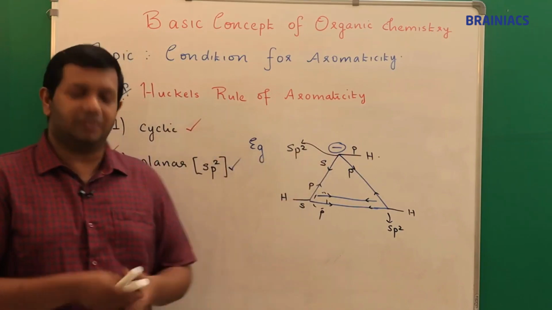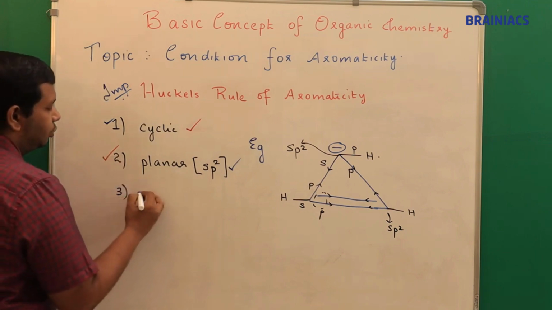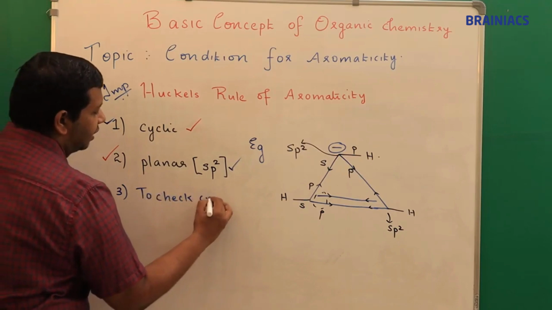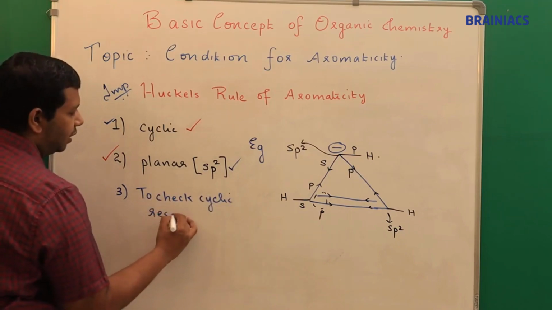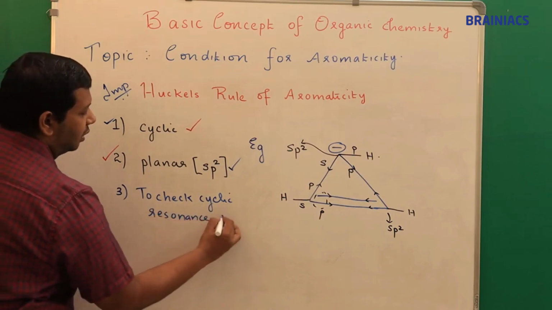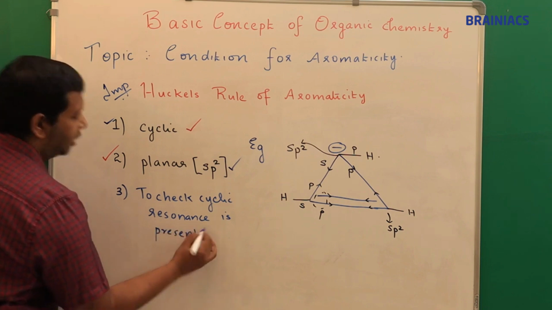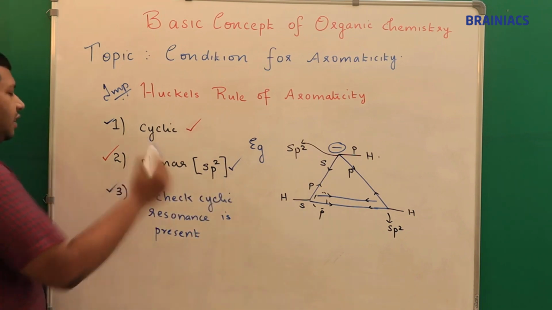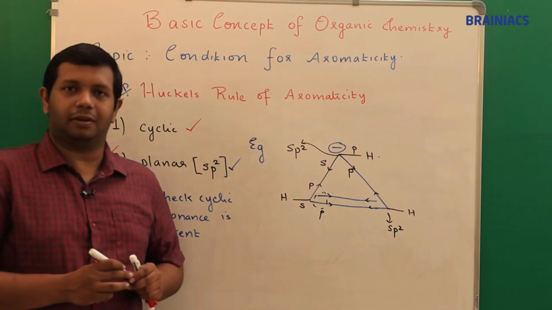What is the third condition? Let me write. The third condition is to check that cyclic resonance is present, or you can just write a shortcut, cyclic resonance. To ensure that cyclic resonance is present, that is the third condition. To explain that, I will first go with what is resonance.